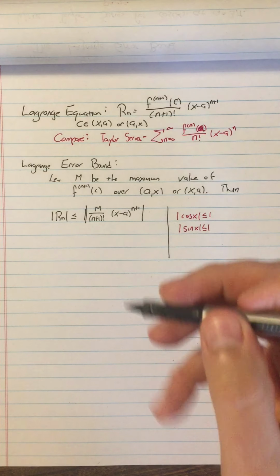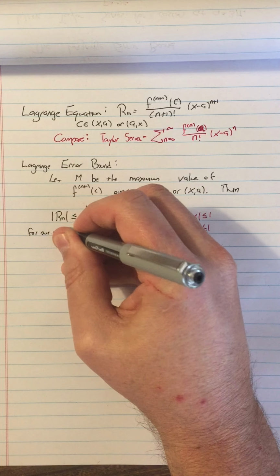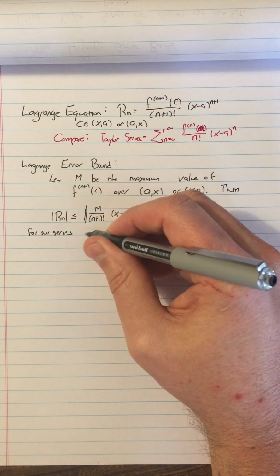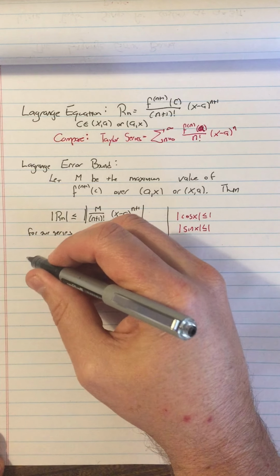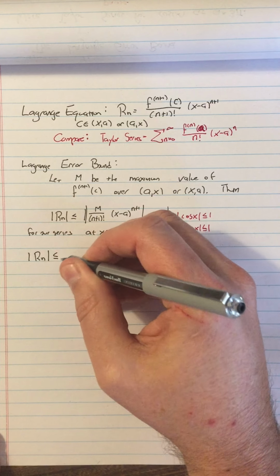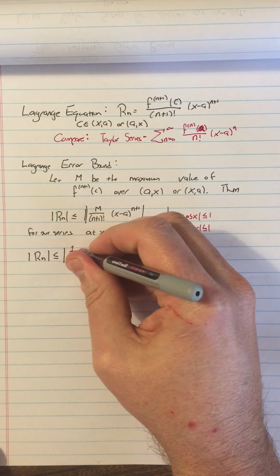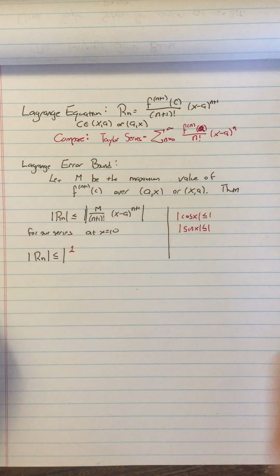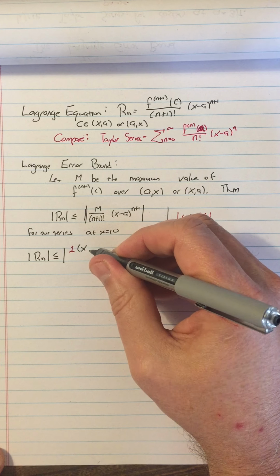So for our series, at x equals 10, what I'm going to have is the absolute value of R sub n is less than or equal to the absolute value of that M, which is just 1. And you'll see the idea is just to get what that maximum value could be depending on the function.